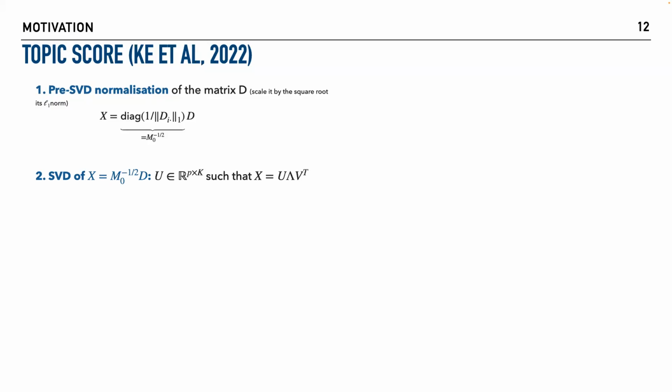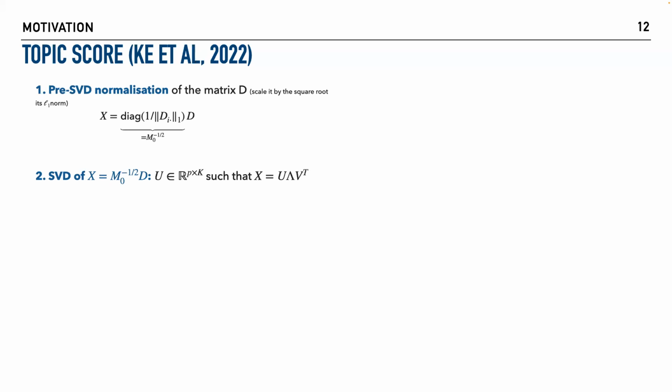You start by dividing by the frequency of the word, the overall magnitude of the word, meaning the number of times it appears. If you think about words, they have very different frequencies, so this pre-SVD normalization is supposed to put words on similar footing, dealing with the high frequency heterogeneity that you typically observe in text data.